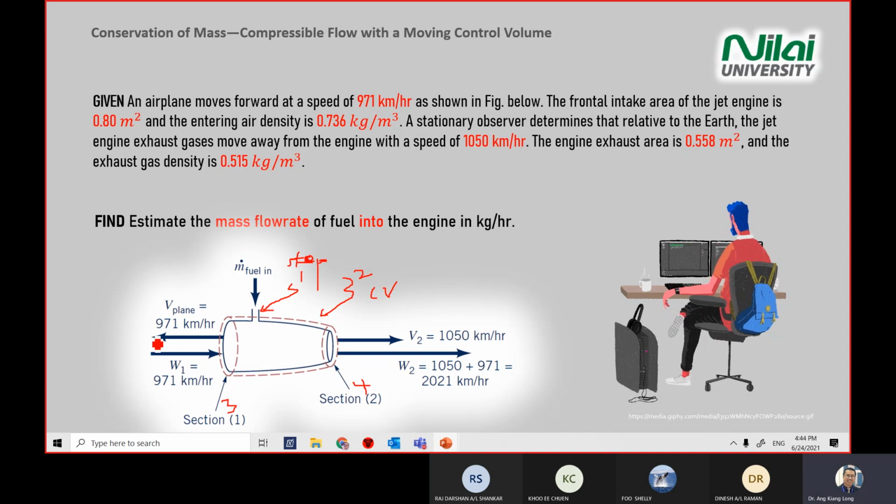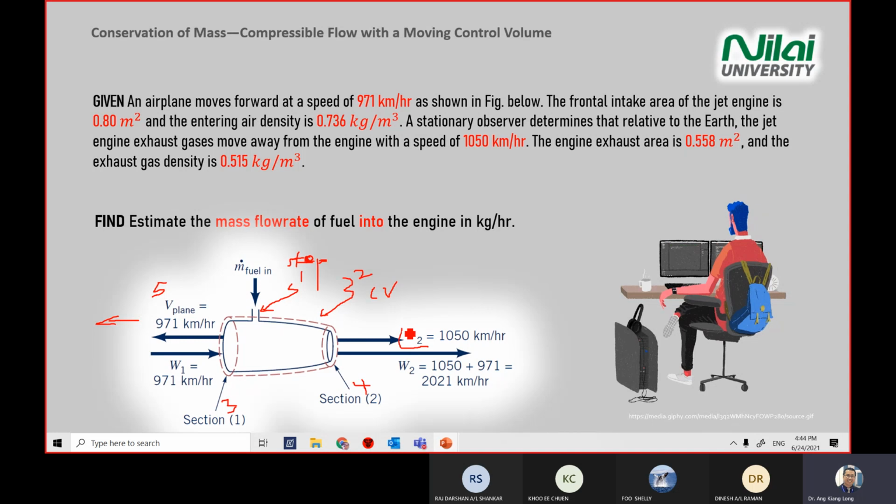The plane direction, V. This is the information. Step number 5, just fill in the information. Just look at the diagram. We learned something new today. The velocity of the plane is moving forward, and you have two kinds of velocity here. Velocity of the plane moving forward.